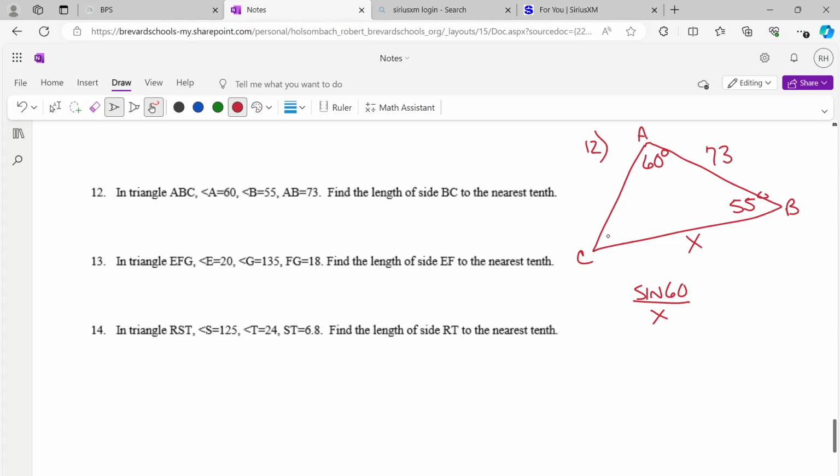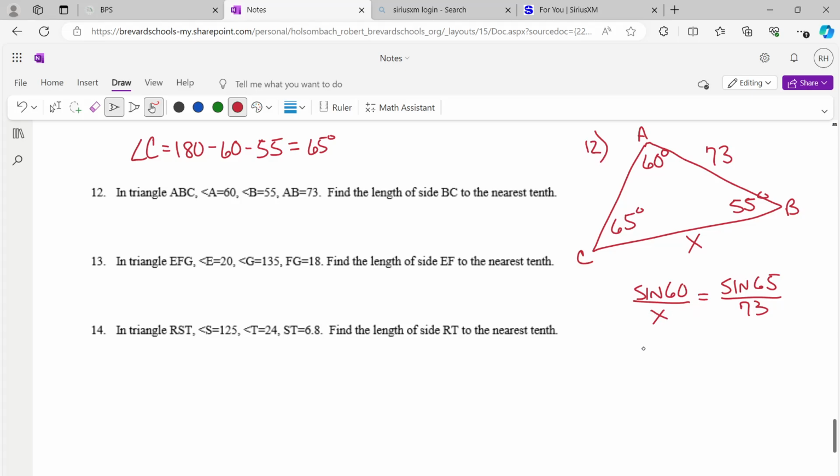Angle C is equal to 180 minus 60 minus 55, which is 65 degrees. So now we can use sine 65 over its opposite side, which is 73.